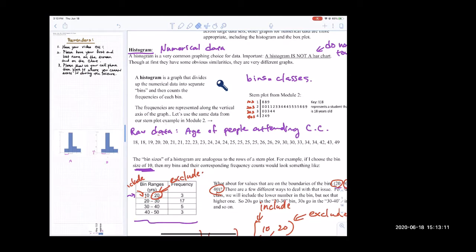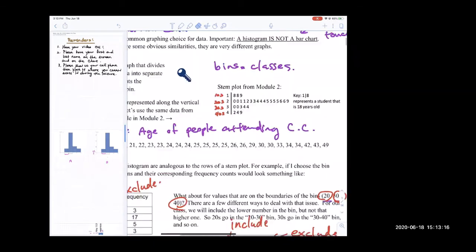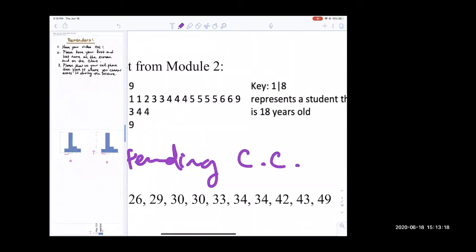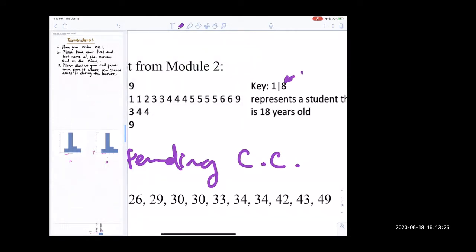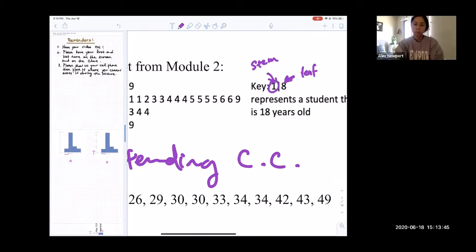If you split this, as you could see, the rightmost number represents the leaf, and the leftmost represents the stem. Stem and leaf, hence. And what number is this right here?